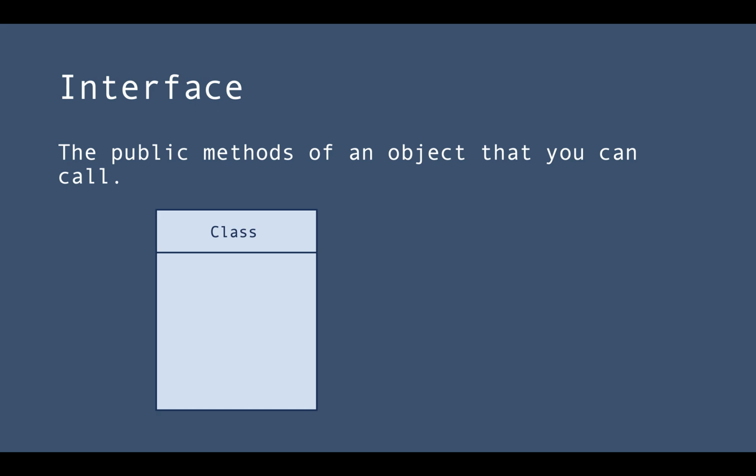So an interface is the messages of an object that you can call. Really, what an interface is, is what you see from the outside looking in at the class. I'm a little nervous that my graphics here might be incorrect, but let's see what happens. Yeah, that's wrong. I apologize. So it's not inside the class that we're dealing with, right? An interface is what you see looking in from the outside.